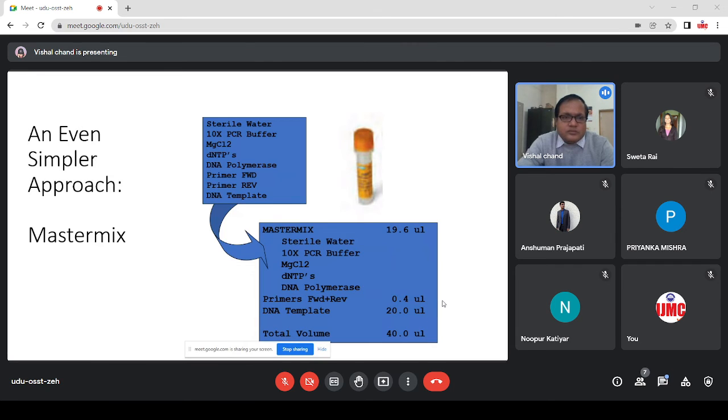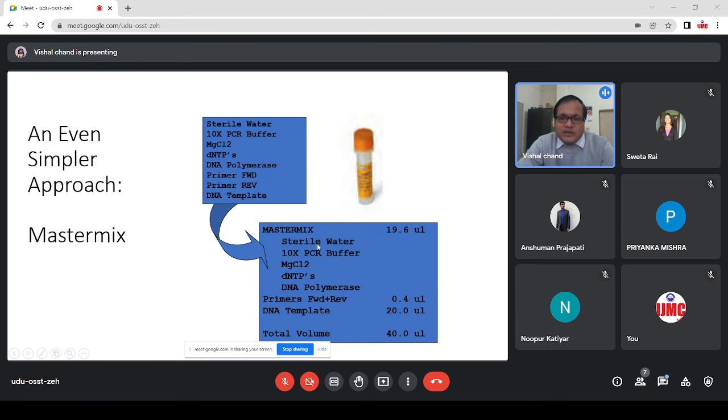So this is another very important thing, the master mix. It comes already ready to use, we don't have to do anything, the master mix is already available. We add only a few things: the reverse and forward primers and some DNA template, and the rest of the components are available in the master mix.